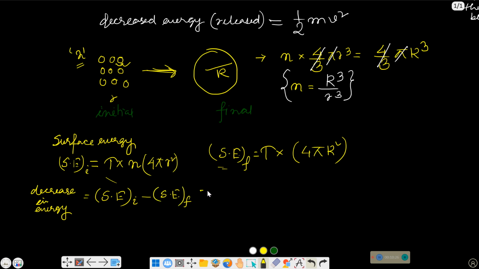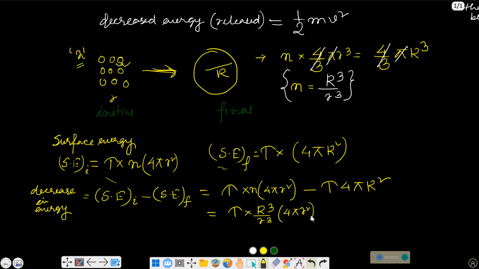Okay, so this will be equal to T into n into 4 pi small r square minus T into 4 pi capital R square. If we put the value of n here, capital R cube by small r cube into 4 pi small r square minus T into 4 pi capital R square.